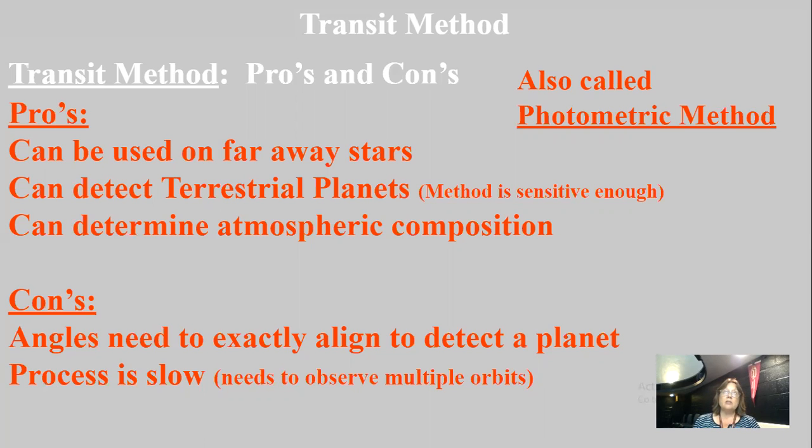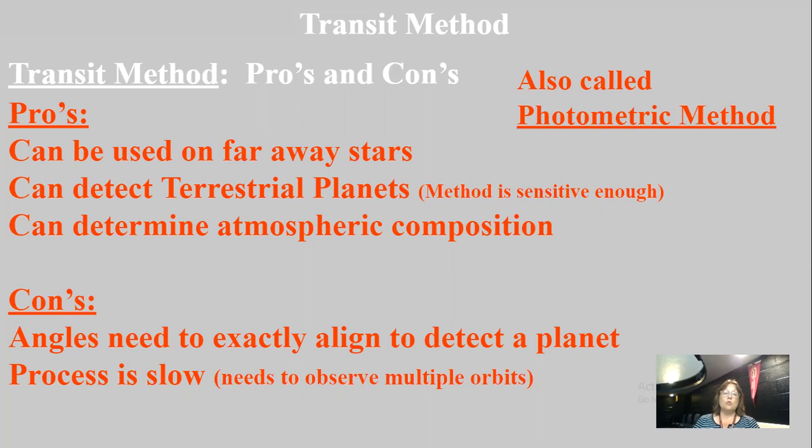So if the starlight passes through a planet's atmosphere, it will pick up the composition of the planet's atmosphere, and we'll be able to detect that by analyzing the spectrum, the bright line spectrum.